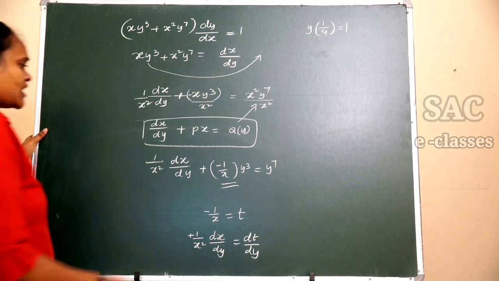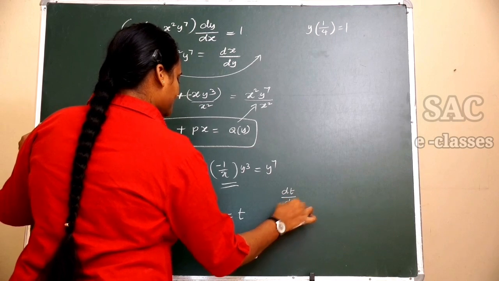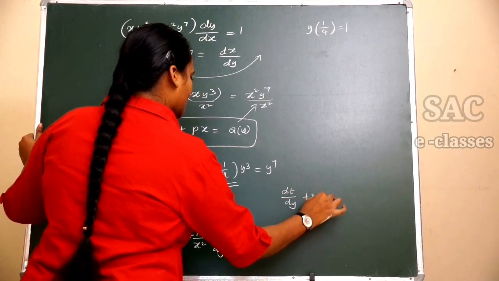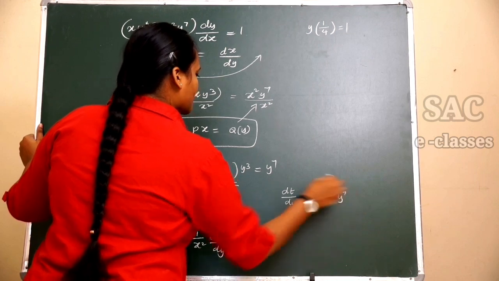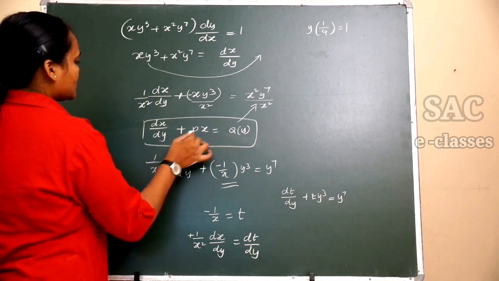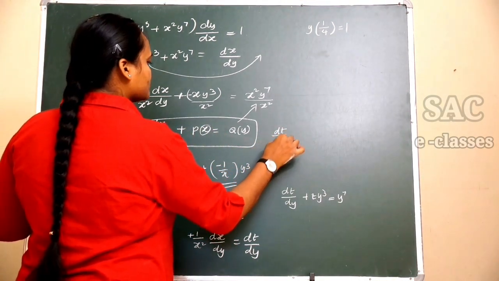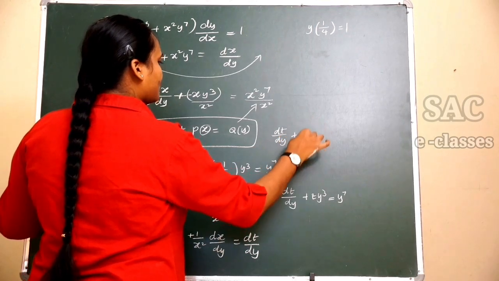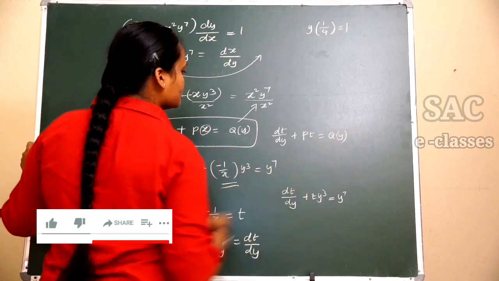Now it is converted as dt by dy plus t y cube is equal to y power 7. Now it is converted in this form: dt by dy plus p into t is equal to q of y.